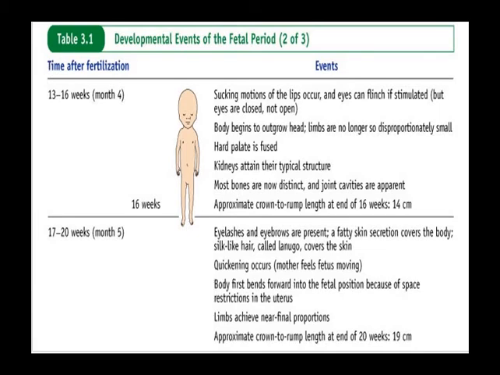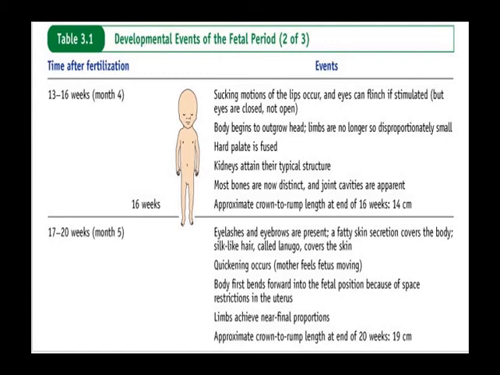The mothers can feel the movements of the fetus, and the body first bends forward into the fetal position because of space restriction in the uterus. The limbs achieve their final proportion, and the approximate crown rump length at the end of the 5th month is around 19 centimeters.